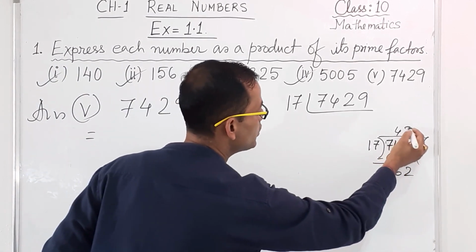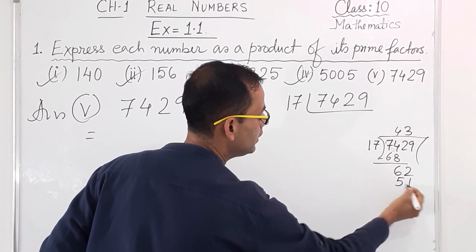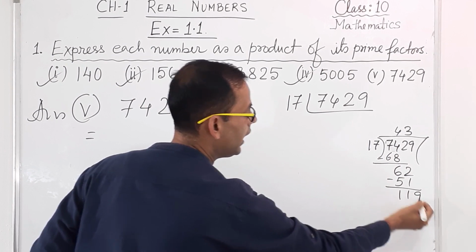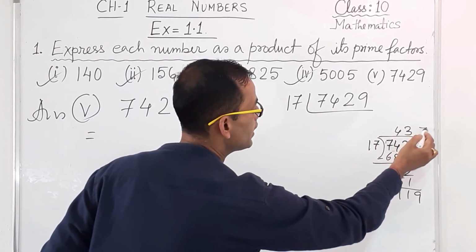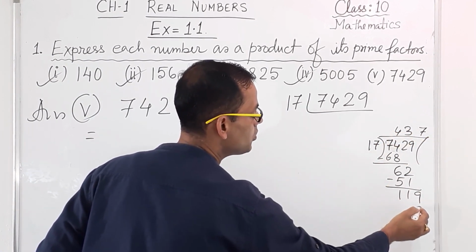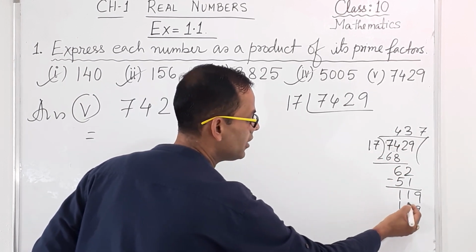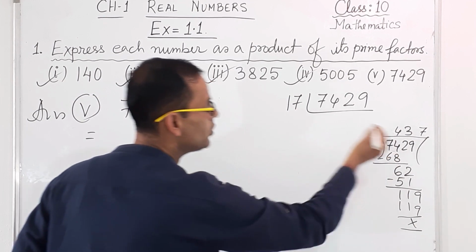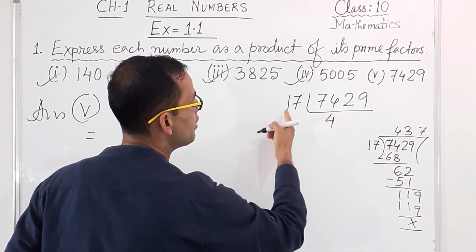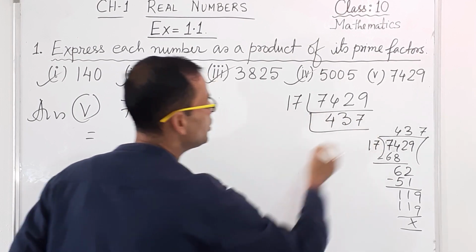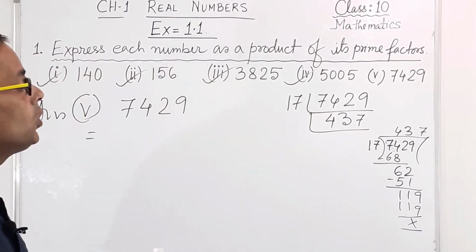Now 17 3s are 51. Then how much comes? 1. Here also 1. Then 9. And now 17 7s are. See, 7 7s are 49. 4 carry. 7 1s are 7 plus 4, 11. So it is going with 17. 4, 3, 7.